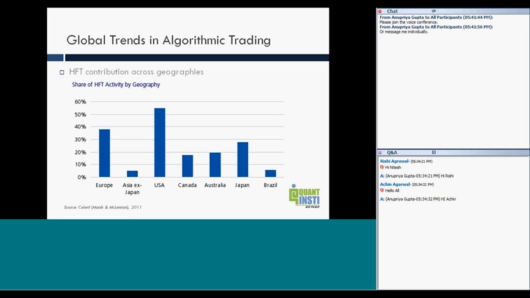Now all the big firms, be it Citadel or Optiver or Goldman, which are very active in algorithmic trading, started with at least some of the edges, and gradually they moved towards a position in which they had all the edges among themselves.